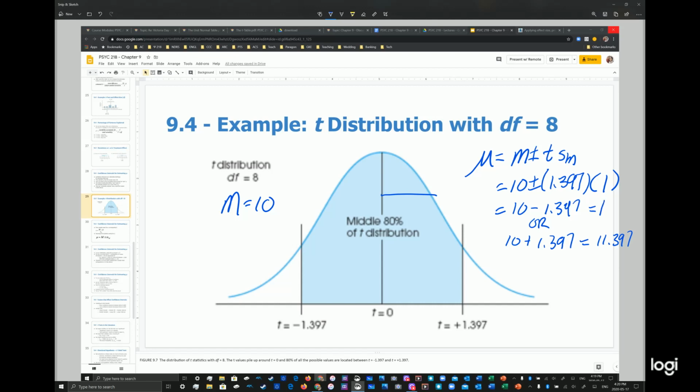And then the lower value would be 8.603. So then you'd have a confidence interval of 8.603 to 11.397, where you would estimate the population mean to be.